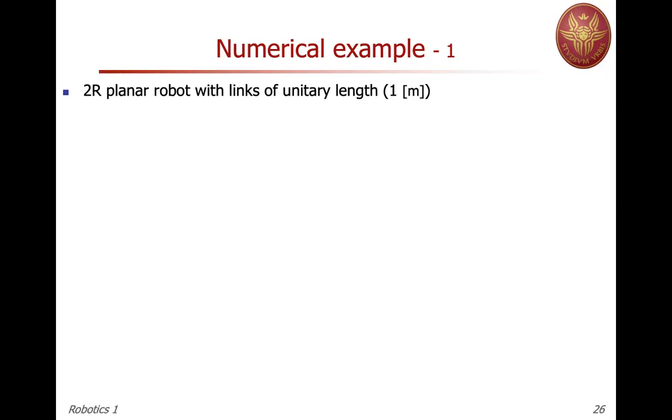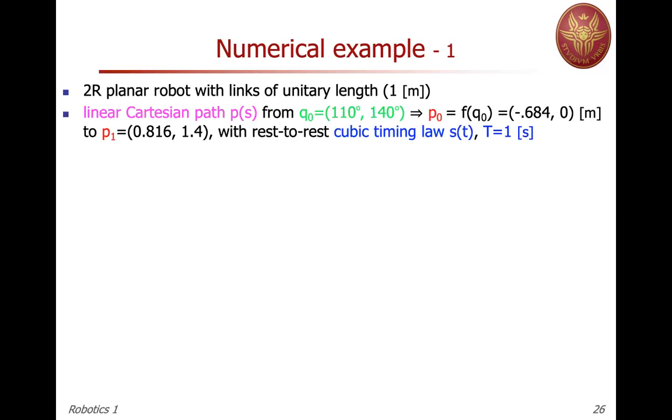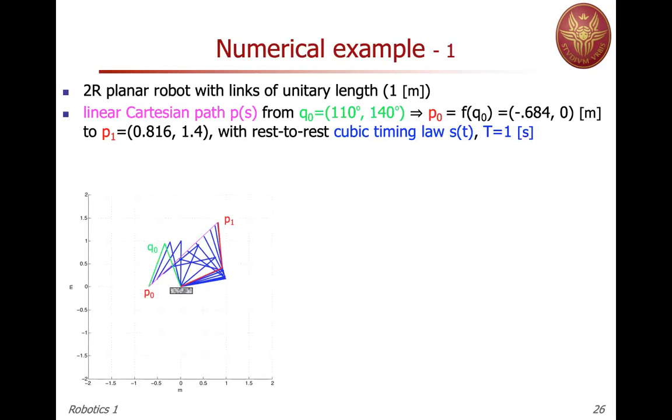We take our good old friend, the 2-hour planar robot, unitary links, why not? And suppose that the path was a linear path. So we are now doing the scaling in the Cartesian sense, connecting an initial configuration Q0, which is in light green here on the screen.